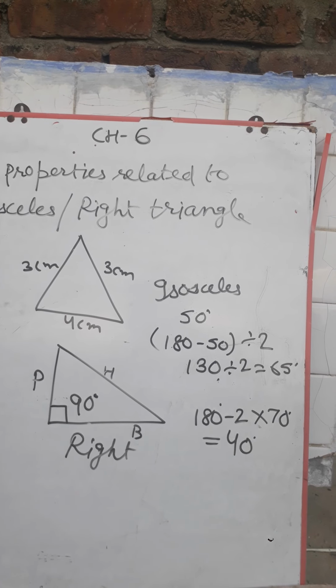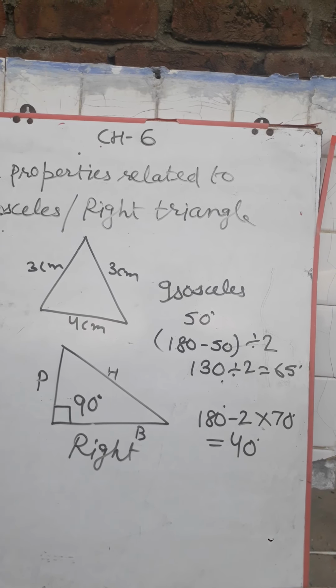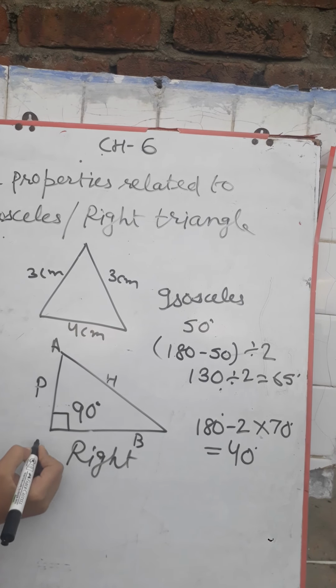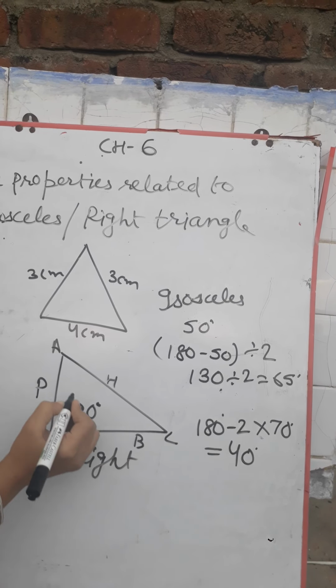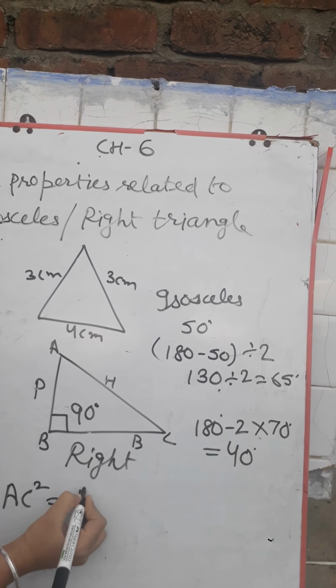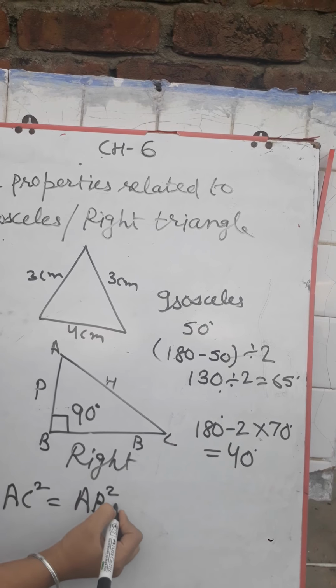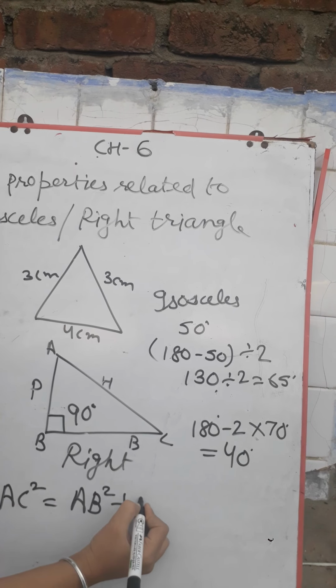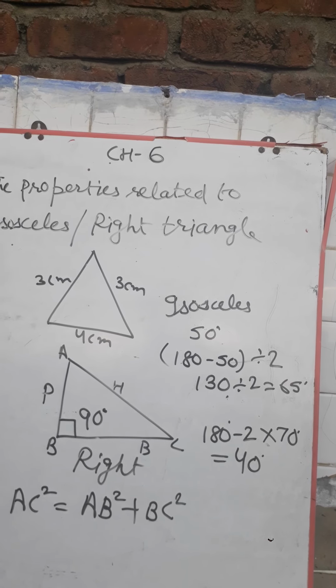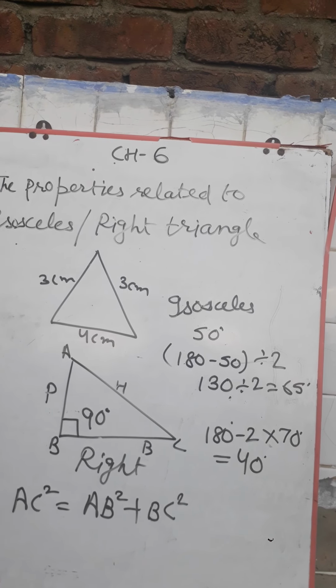This is known as Pythagoras property. Suppose we take A, B and C here. So hypotenuse square AC square equal to AB square plus BC square. We call it Pythagoras property.